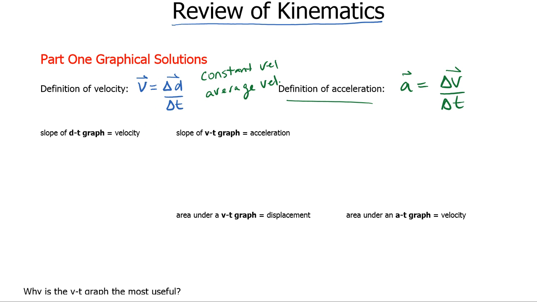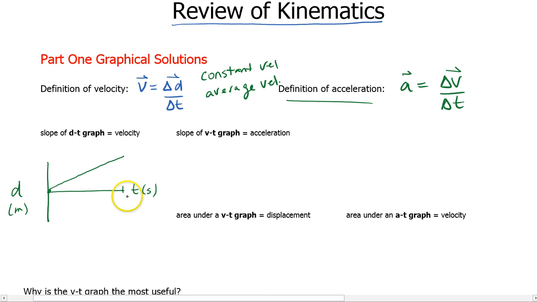Let's do one example here and we'll fill it out below. Let's say we've got a car that is moving at a constant velocity. We'll make a dt graph here, d for position in meters, time in seconds. Let's keep it easy: it starts at 0 and is increasing, moving along, and after 5 seconds has gone 20 meters.